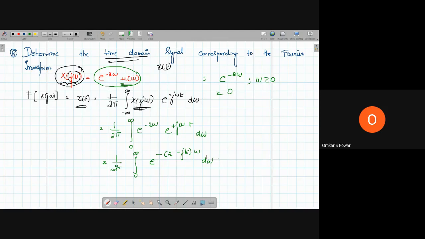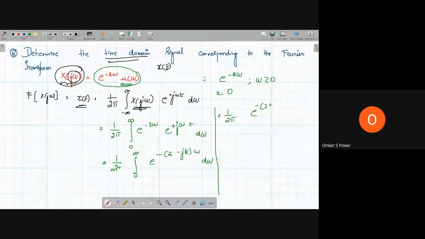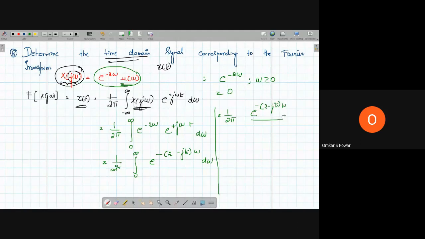So how can we simplify it further? I'll write it here. So 1 by 2 pi, this integration I will take e power minus 2 minus jt into omega divided by minus 2 minus jt over the limits 0 to infinity.